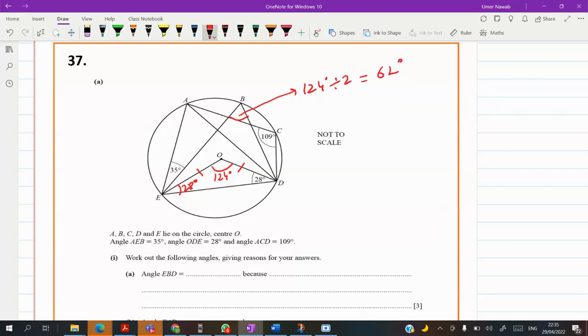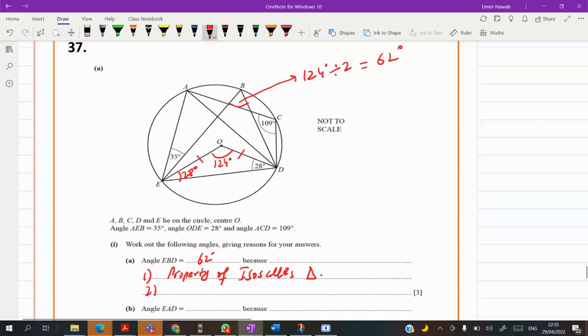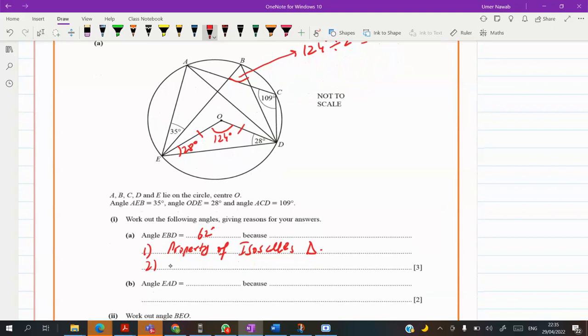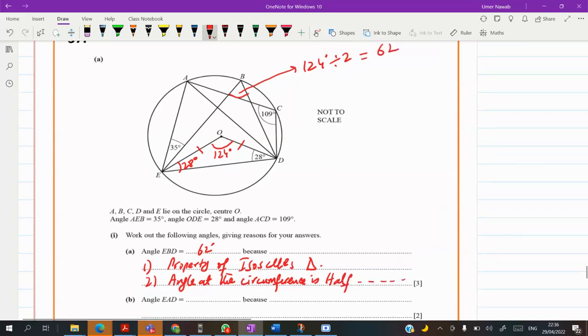So let me write the reasons. Number one, property of isosceles triangle. Second is angle at the circumference is half, and then you can complete it.